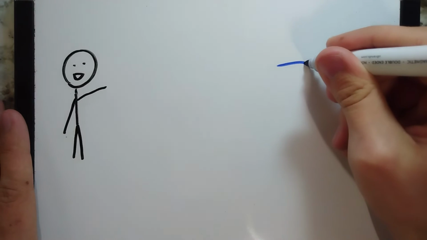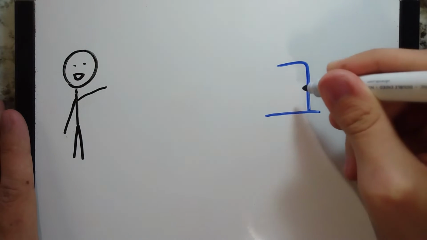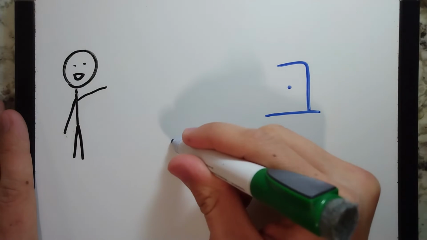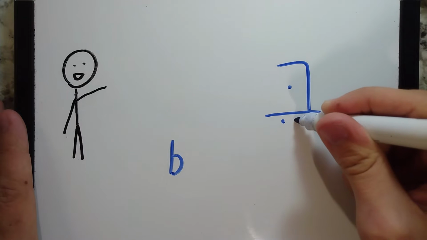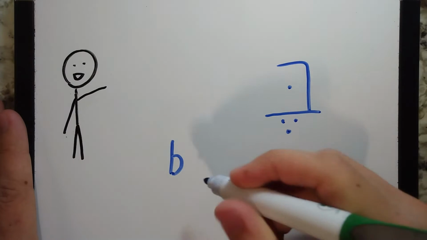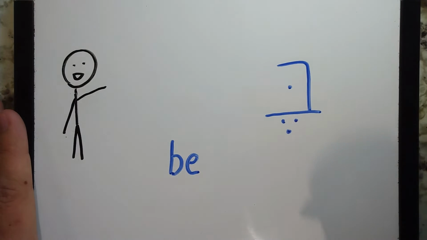Let's make a word with the Segol and some of the letters we've learned previously. We'll start with a letter bait with dagesh, which says b. Under the bait, we will add a Segol, which says eh.